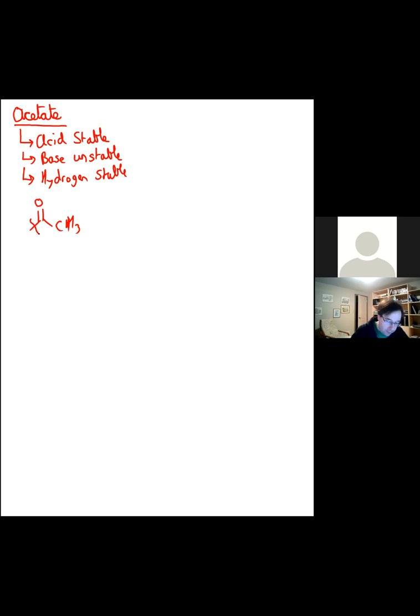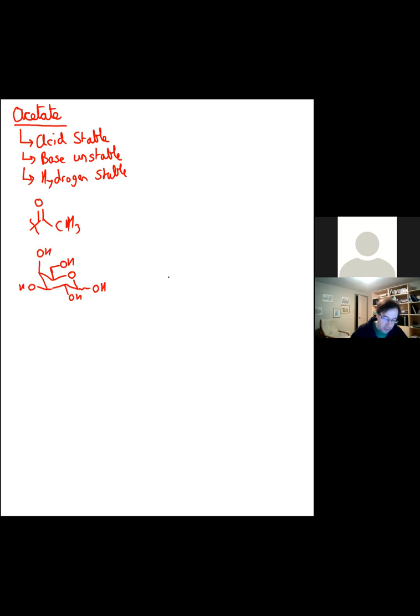Now the way we do that is we can take our sugar. At the end of last class we were discussing the fact that we can take a sugar alpha beta mixture, and we had 2 sets of conditions.